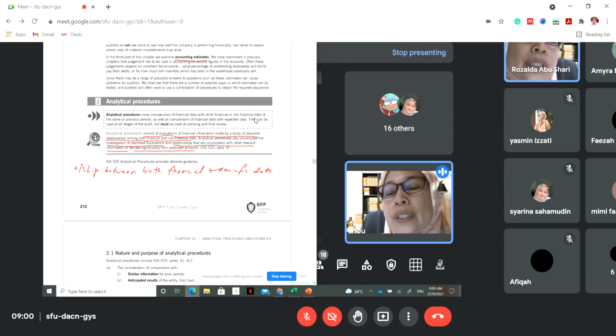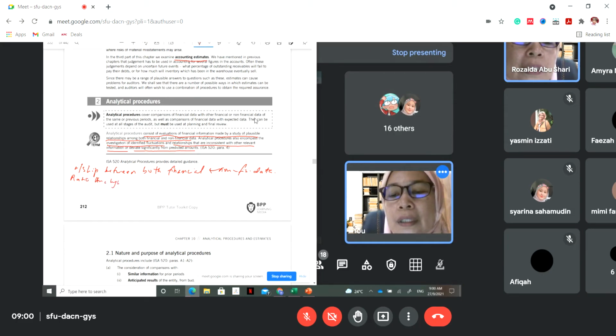When you do ratio analysis, one of the analytical procedures performed by the auditor is ratio analysis. You have to compare the performance of the company between years, year X1 with year X2.